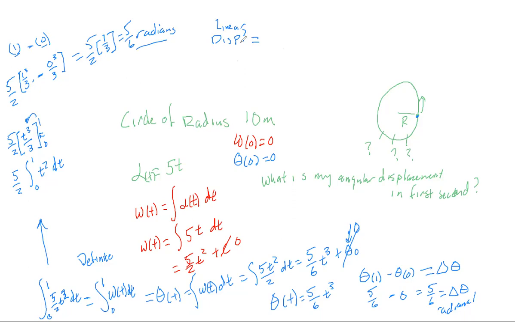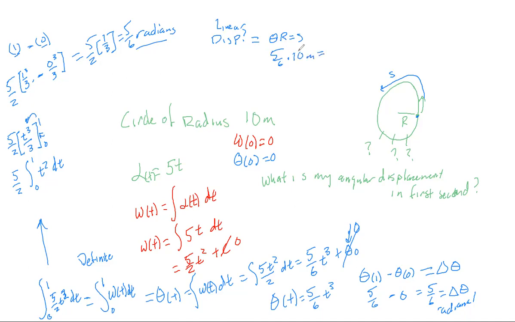What's my arc length here? And the length is just going to be using my conversion factor of theta equals S over R, or theta R equals S, S being that length around. And that means it's 5/6 times my radius, which is 10.